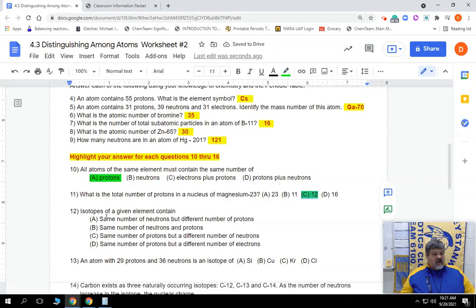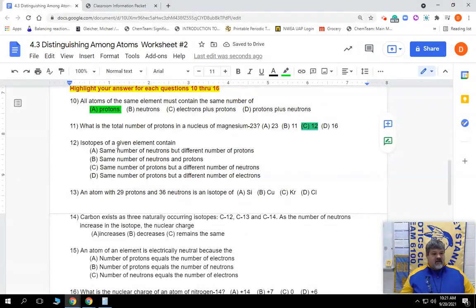Let's go to the next one. Isotopes of a given element contain the same number of neutrons but a different number of protons. Nope, that'd make it a different element. The same number of neutrons and protons. Nope. The same number of protons but a different number of neutrons. That would be our correct answer.